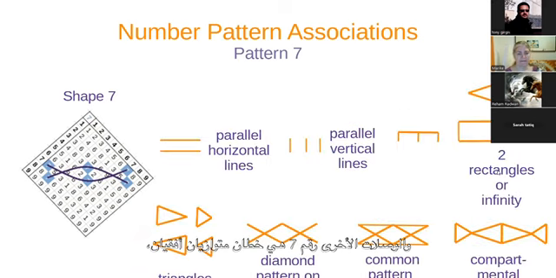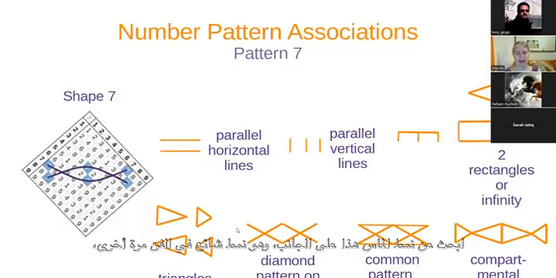Other connections for pattern 7 are 2 parallel lines that are horizontal, 3 parallel lines that are vertical like a comb-like structure, 2 rectangles or infinity, like a pointer in 2 directions, triangles, a diamond pattern on the side, a common pattern in art again, and a compartmental structure.